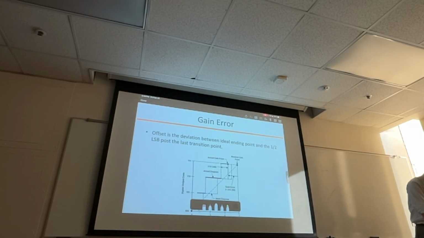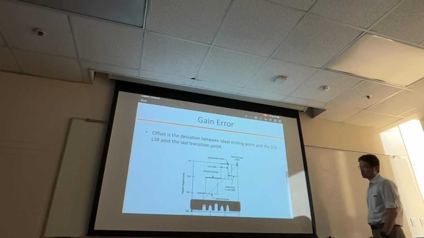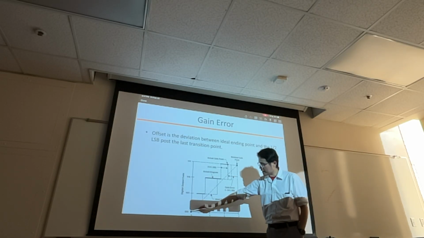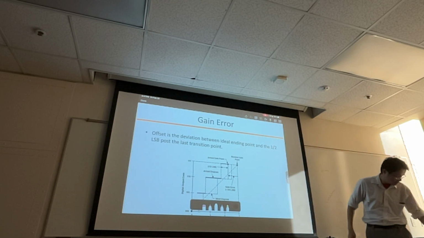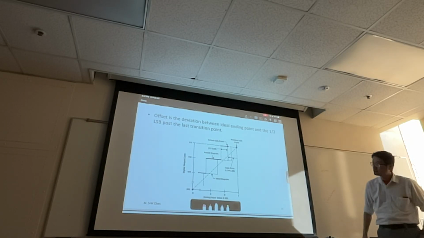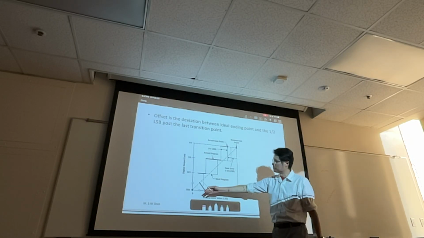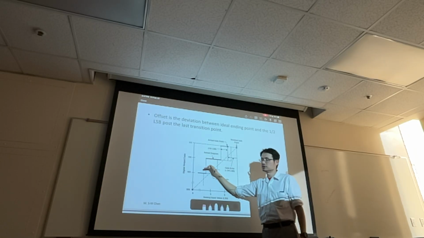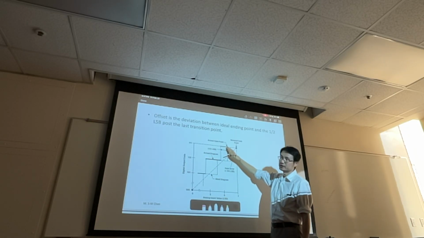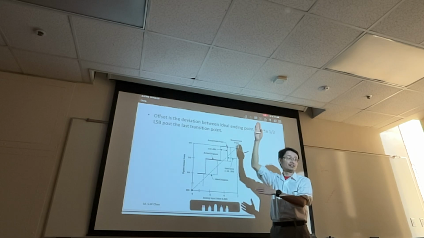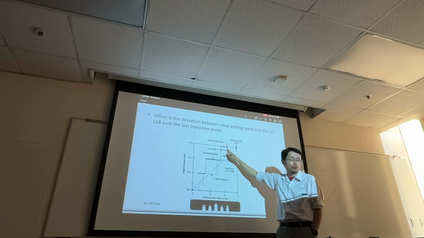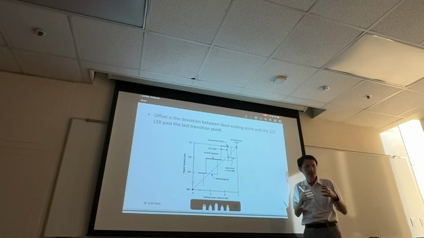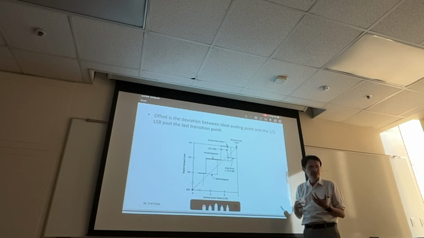And of course there's going to be gain error. Even if I have zero offset, the slope of the transfer function may be different. So you may end a little bit too early if you have a higher gain. Just like offset, the definition is less definite.